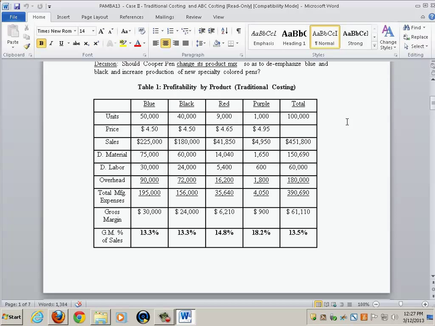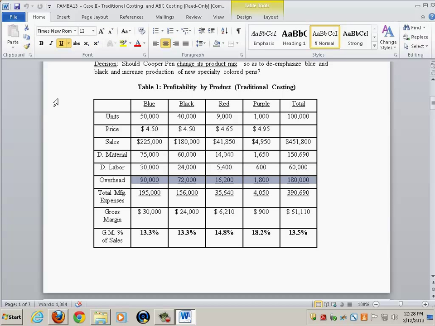Now, of course, remember that usually the questionable number here is the allocation of the overhead, because the other costs are direct costs. If you don't make mistakes in recording and assigning them, they're easy to assign because they're exclusive to the cost object, which is the pens, the products.